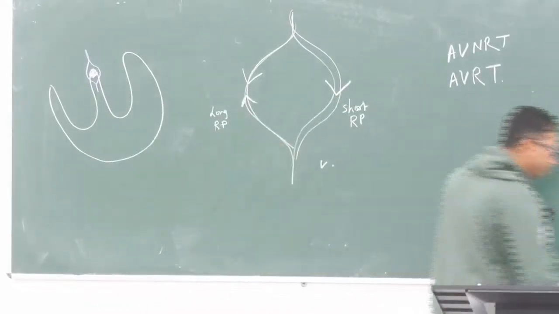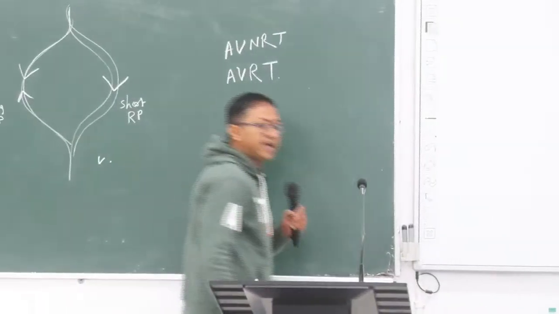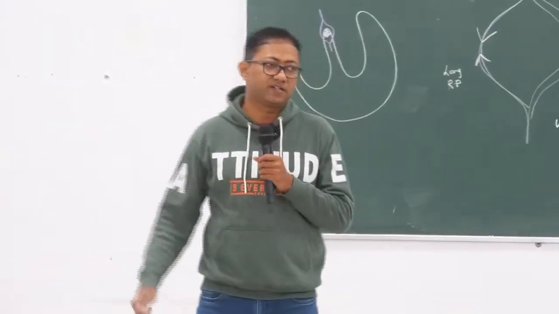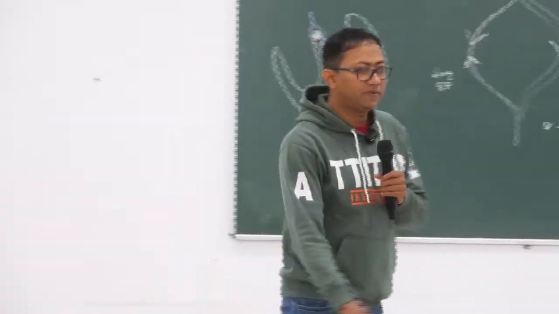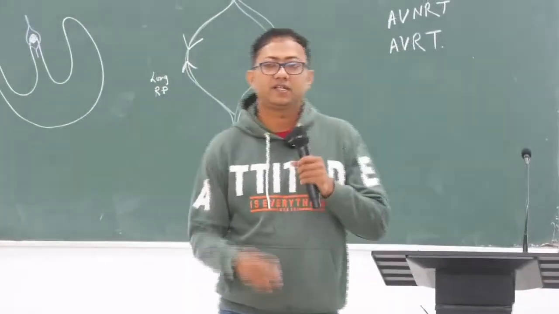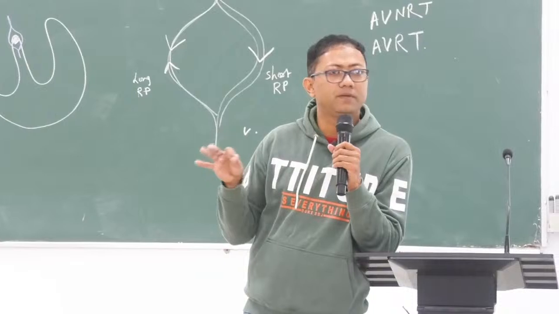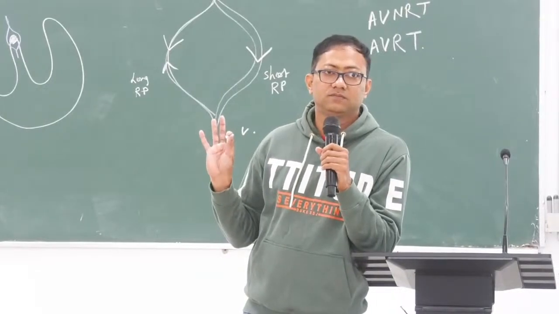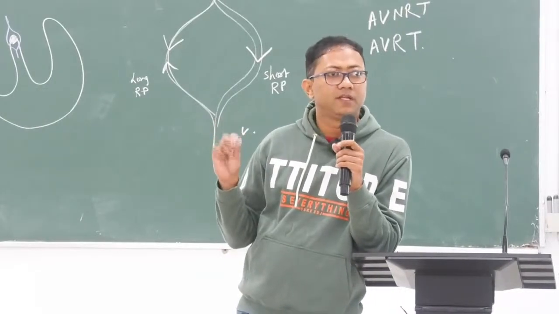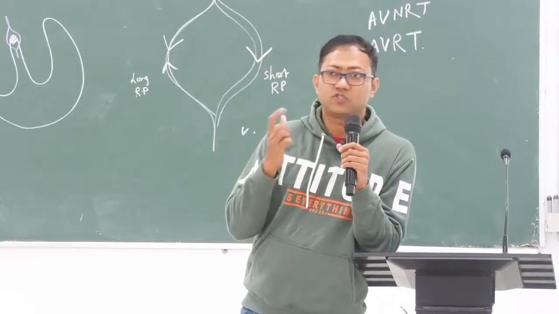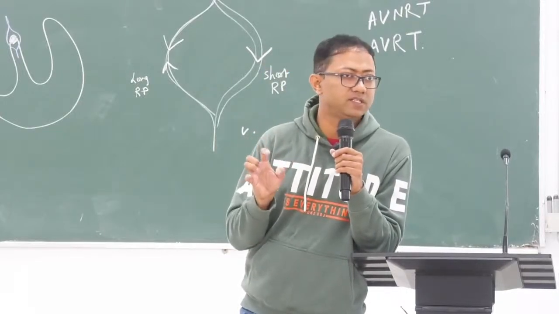So, what will happen? When action potential is coming from above, that means from atria towards the ventricle, it must cross the AV node, right? Otherwise it will not be able to enter into the ventricle. This concept is clear to everyone? There is only one pathway from atria to ventricle. It has to cross the AV node, because the AV node is the checkpoint.